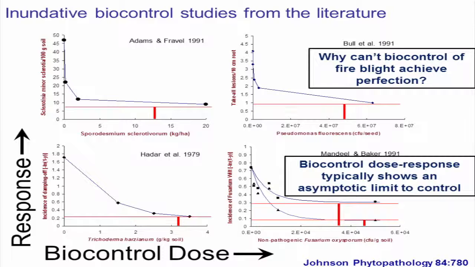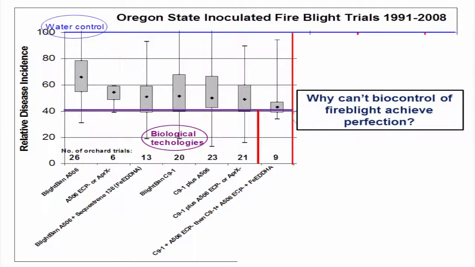and this is a frustration of biocontrol. So I go back and look at my fire blight slide, and I say, well, I've got this purple line here. I'm putting on high doses of biocontrol agent, and they're growing on the flowers, etc. I'm pretty much out there at the limit of dose I can apply to the tree, and I'm getting an asymptotic limit of about 60% control from biocontrol, and I don't understand it because this stigma is perfectly supportive of growth of bacteria, of biocontrol bacteria, and of the pathogen.